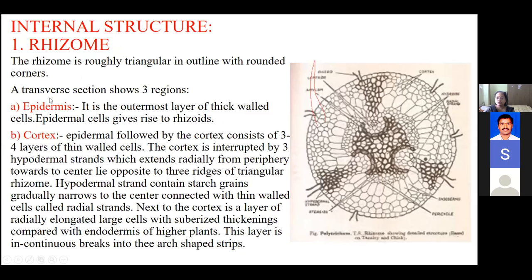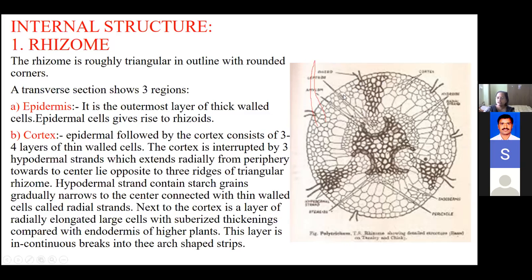First, we talk about the epidermis. The transverse section of the rhizome, or the anatomy of the rhizome of Polytrichum, is divided into 3 regions: epidermis, cortex, and the central region or central cylinder. Now, how is the epidermis here?